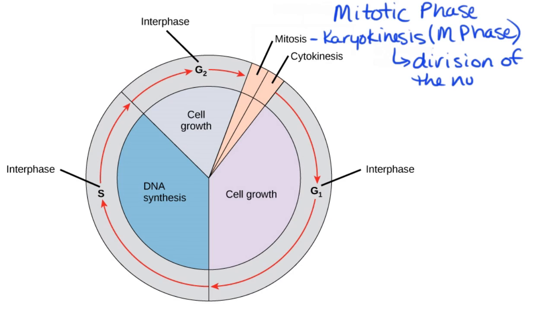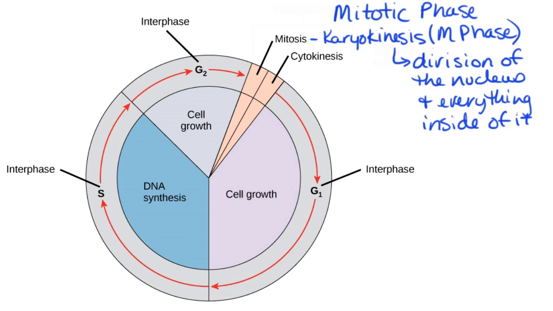And when we divide the nucleus, we are also dividing everything inside of it. And so since we're dividing everything inside the nucleus, we are talking about the chromosomes here. So in mitosis, we're going to be dividing up into two different cells eventually, the contents of that one single nucleus that we started the whole cell cycle with.